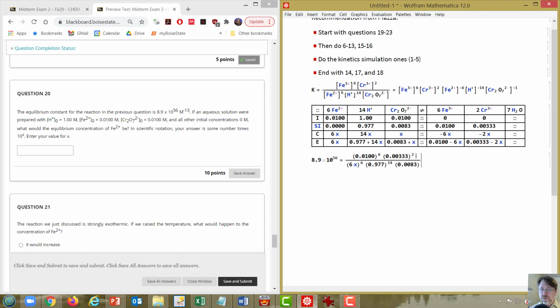Okay, now we want to solve this equation for x. So let's start by taking this out of the exponent. So we now have 6 to the 6th. This is now x to the 6th. And let's now multiply through by x to the 6th, and we will divide through by 8.9 times 10 to the 56th.